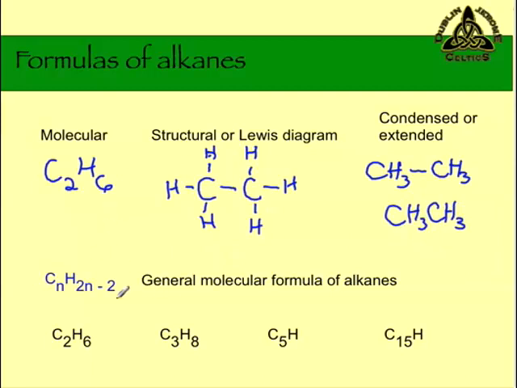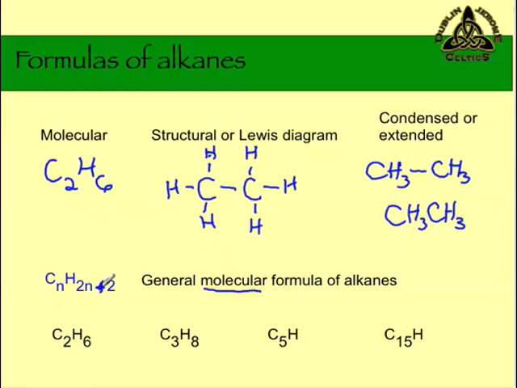So then the general formula, this is the general molecular formula of alkanes, is CnH2n plus 2. Now, n is the number of carbons that you have. So for this example, if you have 2 carbons, plugging into the formula, 2 times 2 is 4 minus, oops, so this should be a plus.